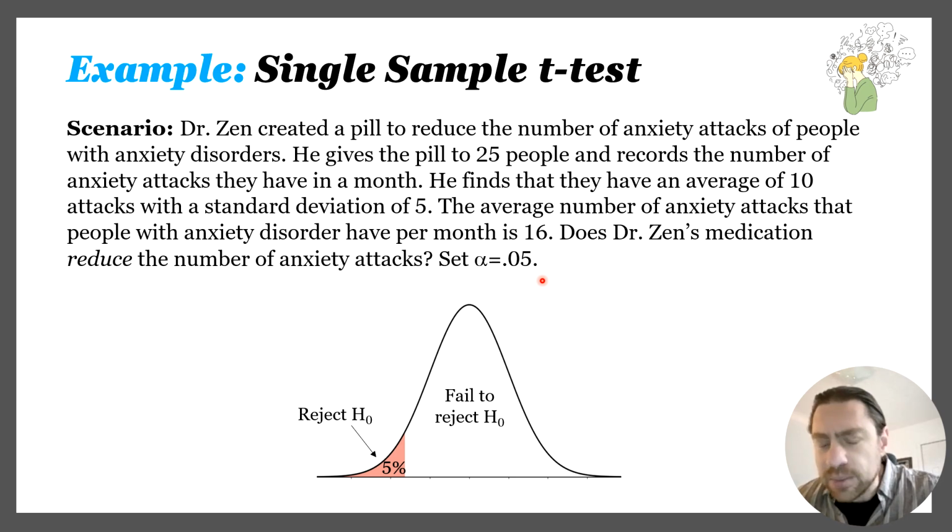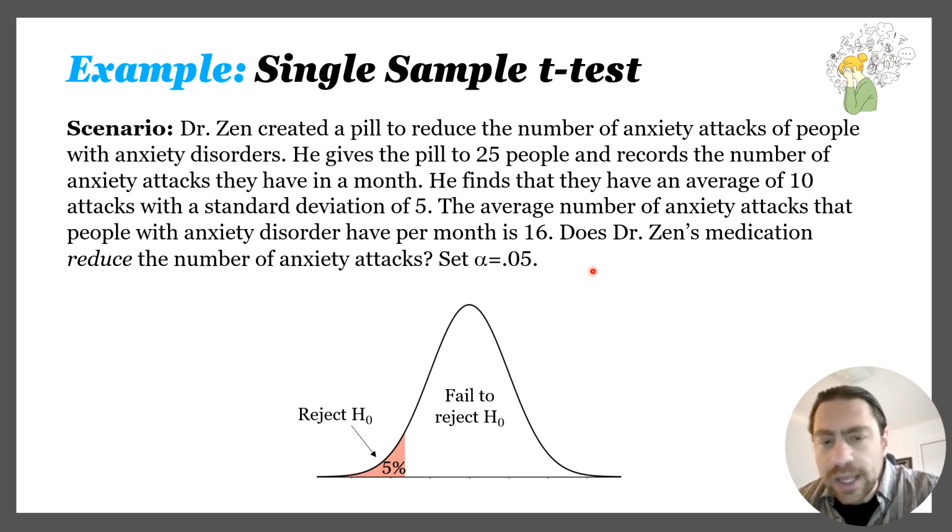Okay, so let's analyze the problem. We are being asked to compare a sample of people who took this pill to some population. So that's going to be a single sample test. We are given the population mu, 16, but we are not given sigma, the population standard deviation, and therefore it's going to have to be a single sample t-test.